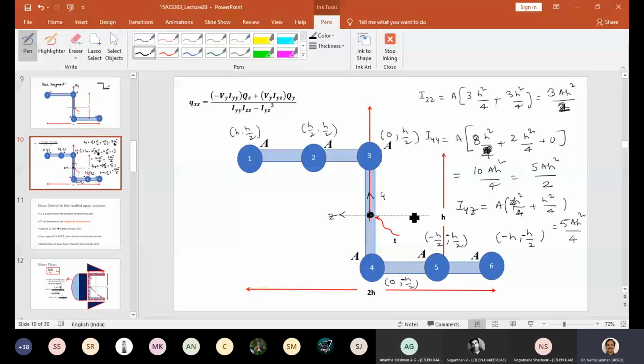So h square by 4 into 2, right? Okay, I did a mistake here. So 2, 2. So what happens? 1 by 2. So it is 3A h square by 2, isn't it? Yeah. So Iyy, I got it. And Iyy Izz minus Iyz squared, I want to do it before. Okay. What is Iyy?